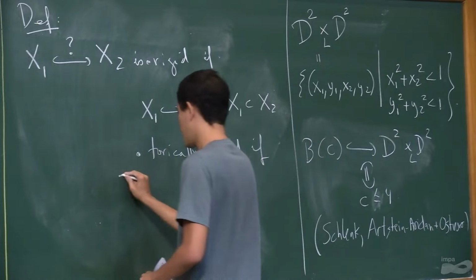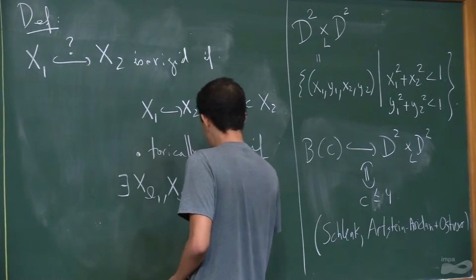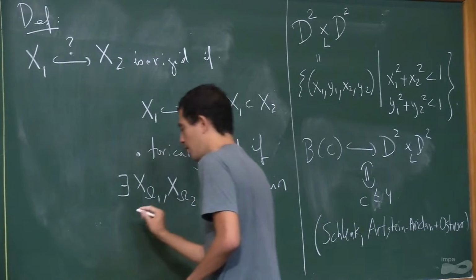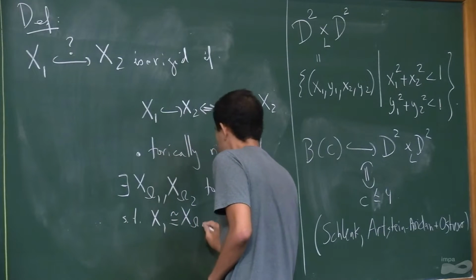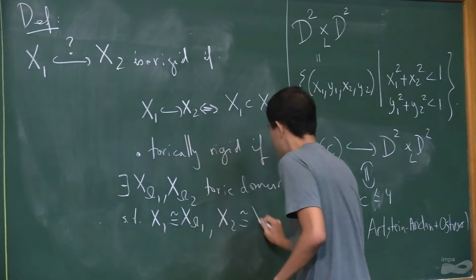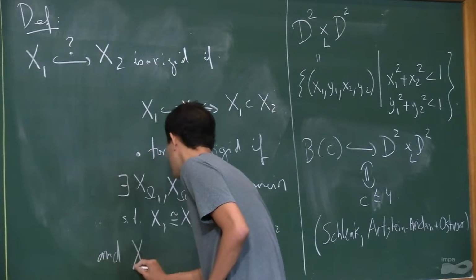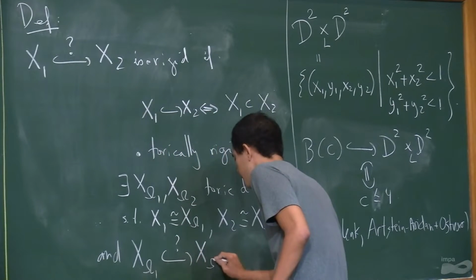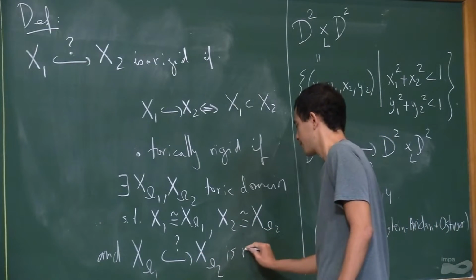So if there exist X_Omega1 and X_Omega2 toric domains such that X1 is symplectomorphic to X_Omega1 and X2 is symplectomorphic to X_Omega2. And now, if you look in the toric world, the embedding of X_Omega1 into X_Omega2 is rigid.